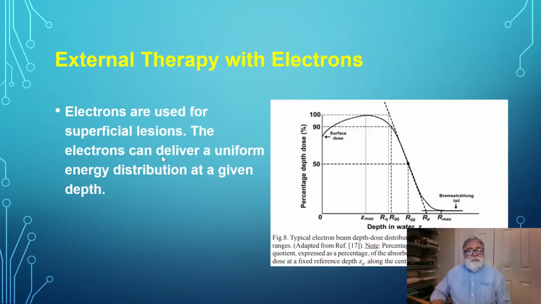So let's first look at electrons. Now, what do we know about electrons? Electrons have a definite range, and they deposit energy pretty uniformly up to their range because they scatter in all different directions. The electrons do have the Bragg peak, or have higher energy at the end of their tracks, but because their tracks bend around and go in all kinds of different directions, the energy that's deposited is pretty uniform.